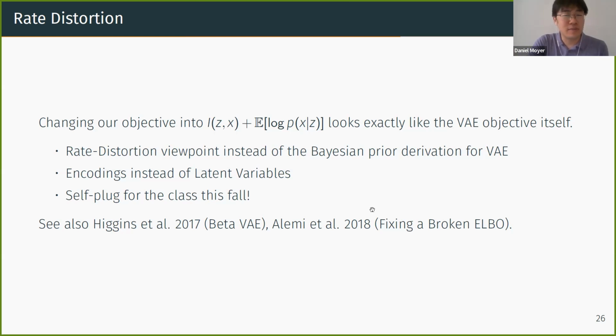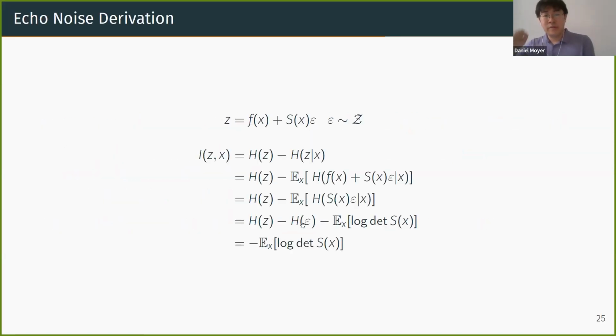Are there questions at this point about what's happening? This is a little weirder. Could you go back to the previous? Okay. Here, s of x is a function of x. Is that right? Yes. Then when you compute the conditional entropy given x, s of x should be determined.